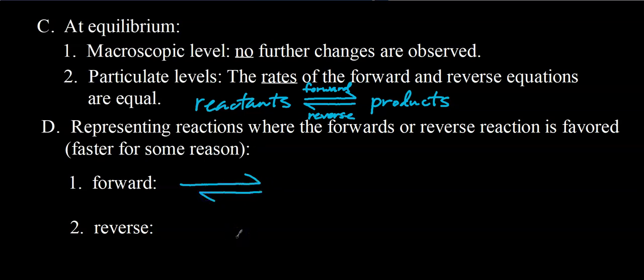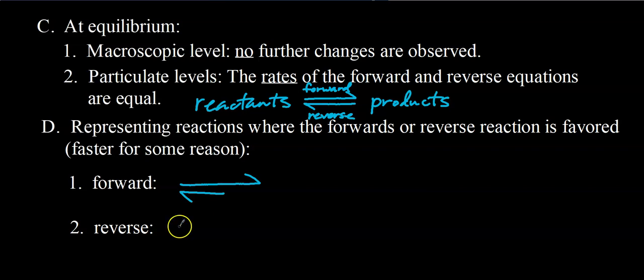So this tells us that the forward is faster than the reverse. Either way, we have a different length arrow. One left to right is longer than right to left, so the forward reaction is faster.